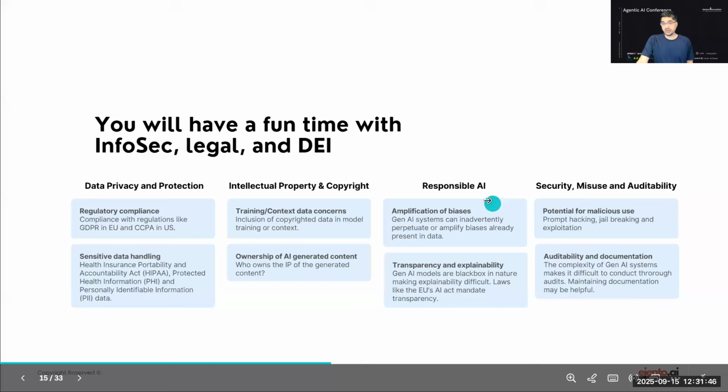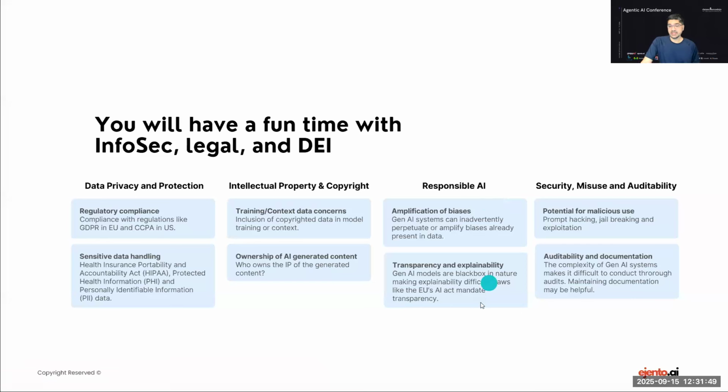Responsible AI, amplification of biases, and transparency and explainability, and security and misuse, and auditability. Why was I given this answer? Can I explain this answer based on sources?